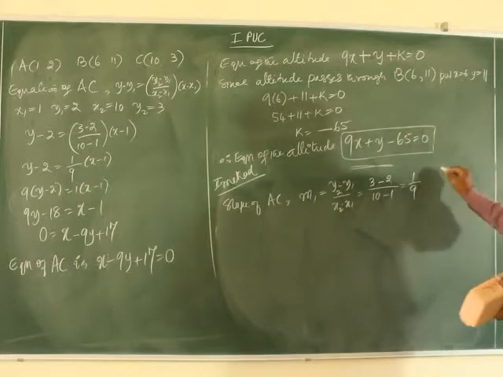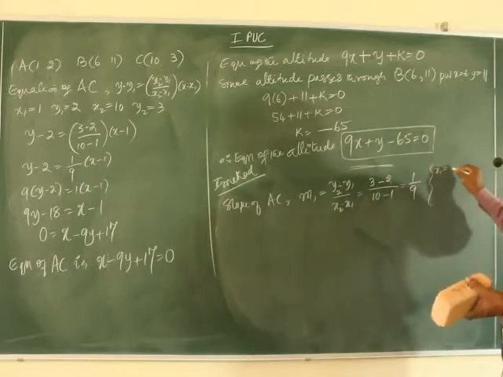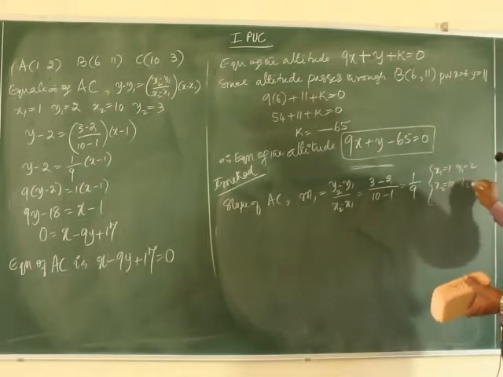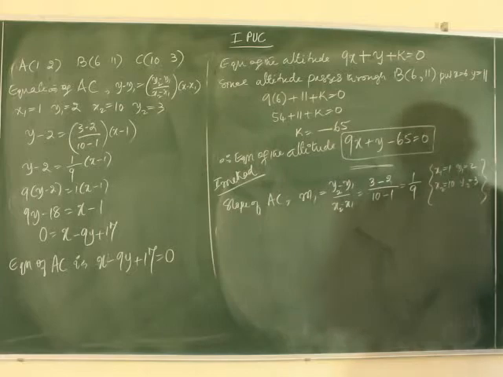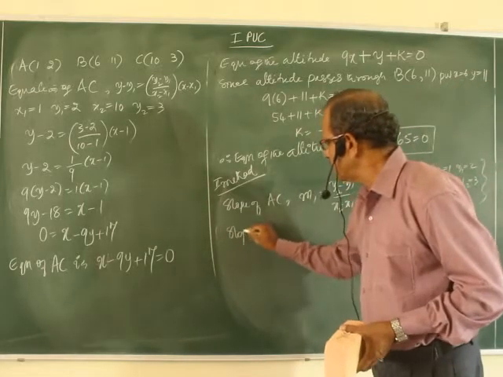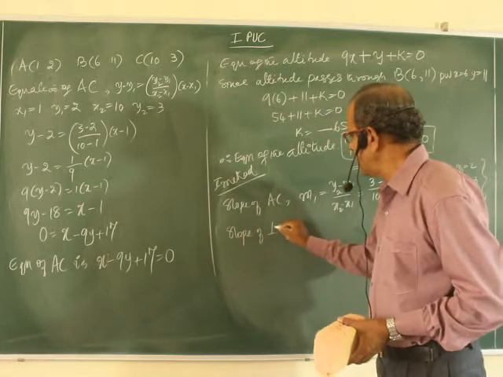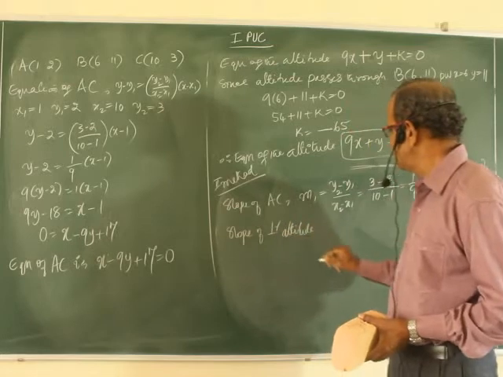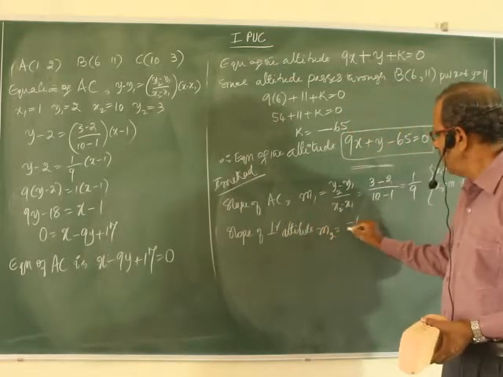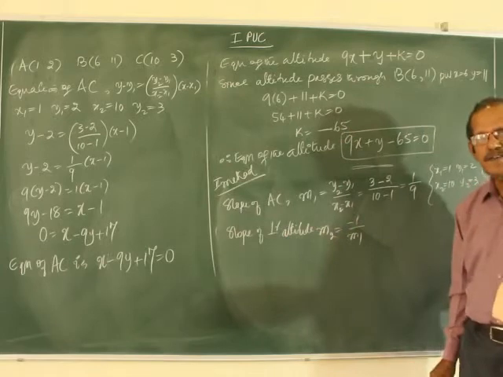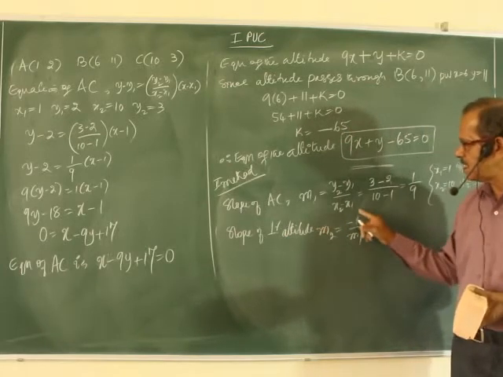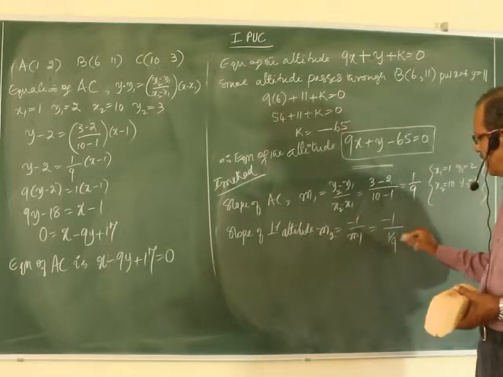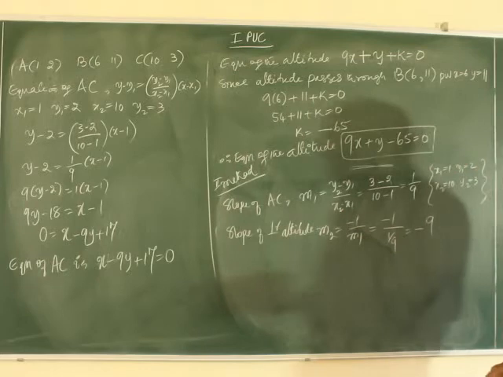Slope of the perpendicular altitude, m2 equal to minus 1 by m1. I have written m1 into m2 equal to minus 1, or m2 equal to minus 1 by m1, minus 1 by 1 by 9, or it is minus 9.